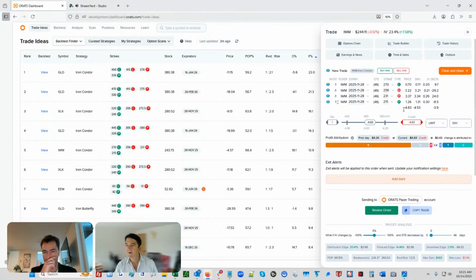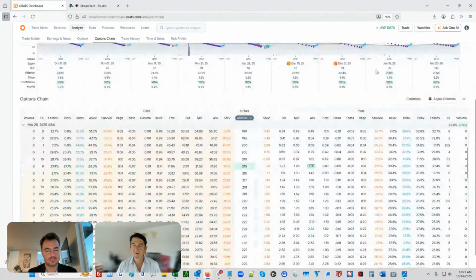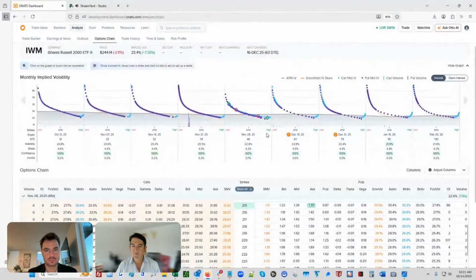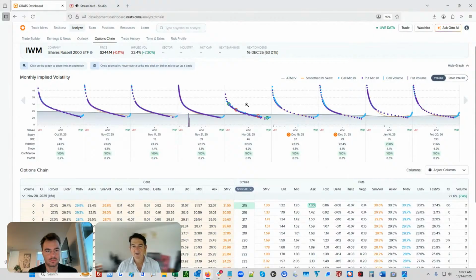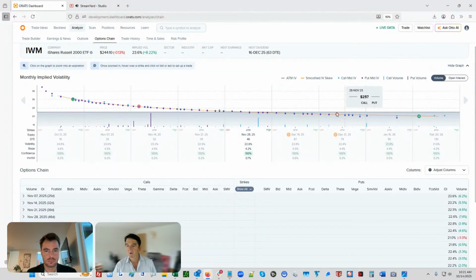Again, there's a little bit of SMV edge to it, which means our smoothing. Let's take a look at that smoothing edge, and you might be able to see it in the graph. So let's go up to and focus in on it. You could see the orange line is our smoothing line, and we want to be selling above and buying below, which is kind of what we're doing here.